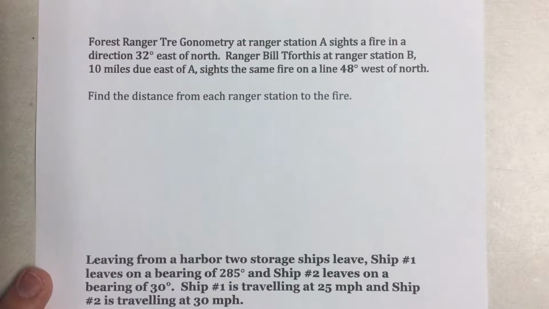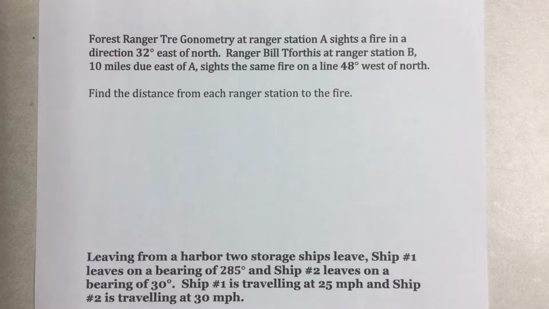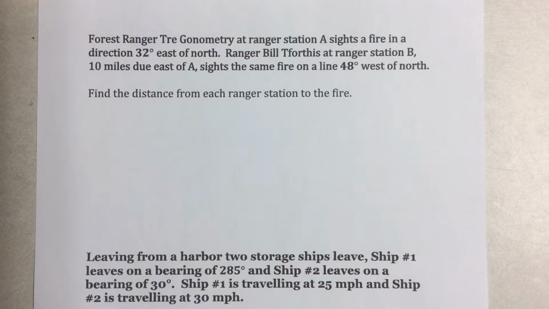So a forest ranger, trigonometry. At Ranger Station A, sights a fire in direction 32 degrees east of north. Ranger Station B, 10 miles due east of A, sights the same fire on a line 48 degrees west of north.